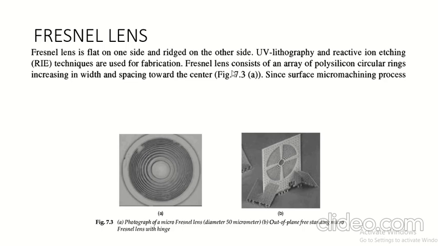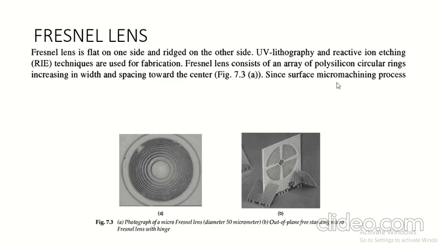Now Fresnel lens consists of an array of polysilicon circular rings increasing in width and spacing towards the center, as you can see in this image number 8.